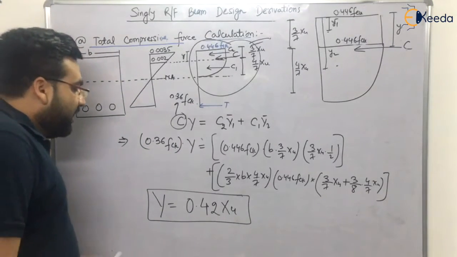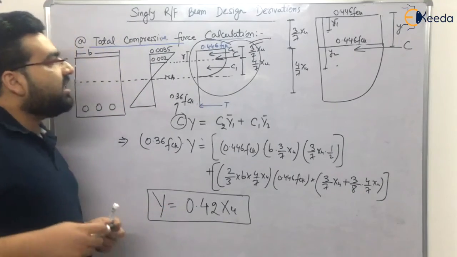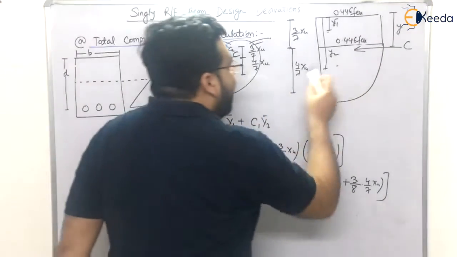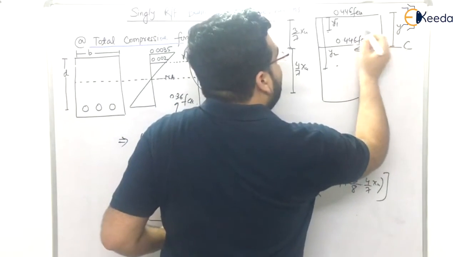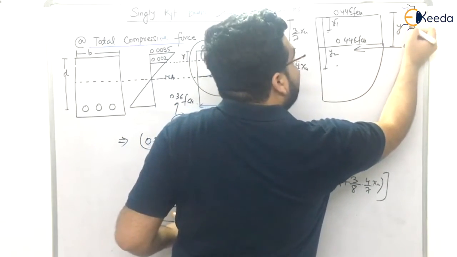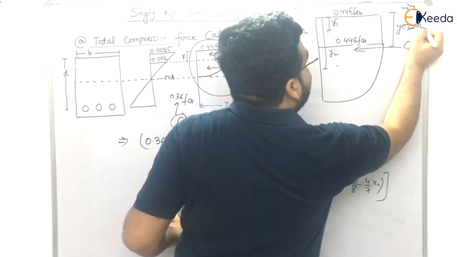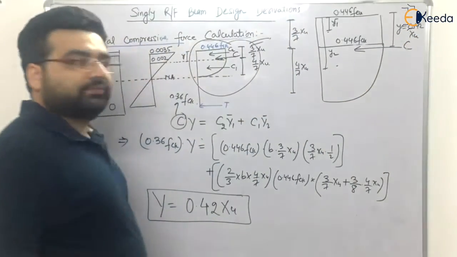It means that the distance or the center at which this compressive force will be acting will be equal to 0.42 of XU.